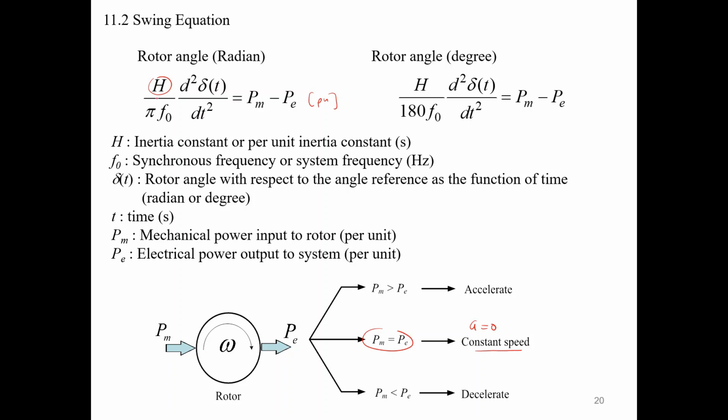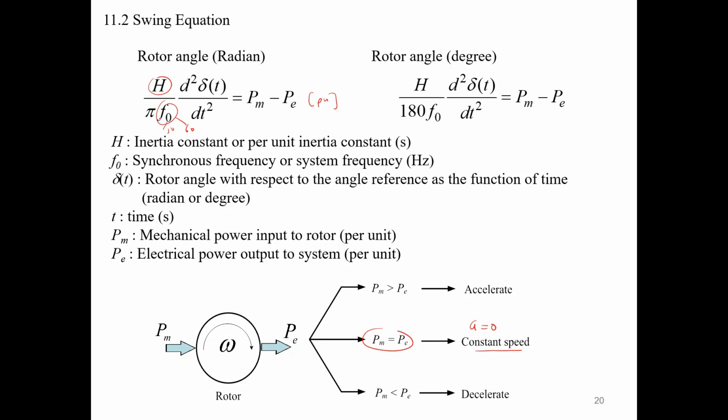This is a fixed parameter of the machine, with respect to the size of the machine itself. So the swing equation can be written in terms of H divided by pi f0. f0 is the synchronous frequency or system frequency. It can be 50 hertz or 60 hertz, for example.